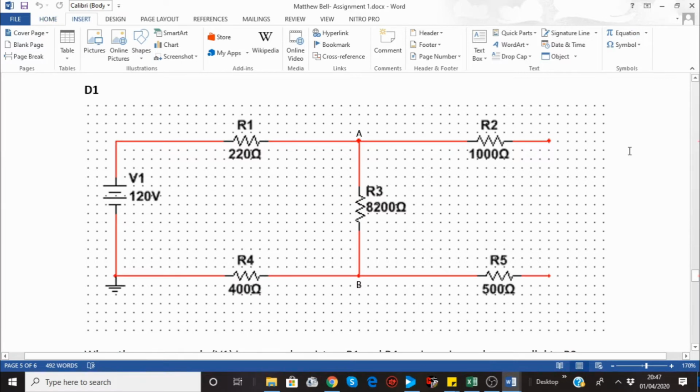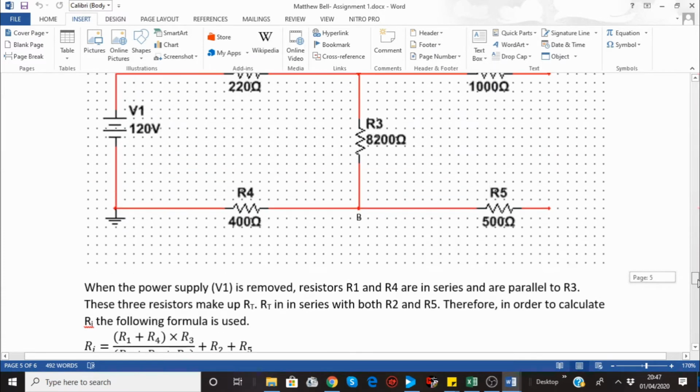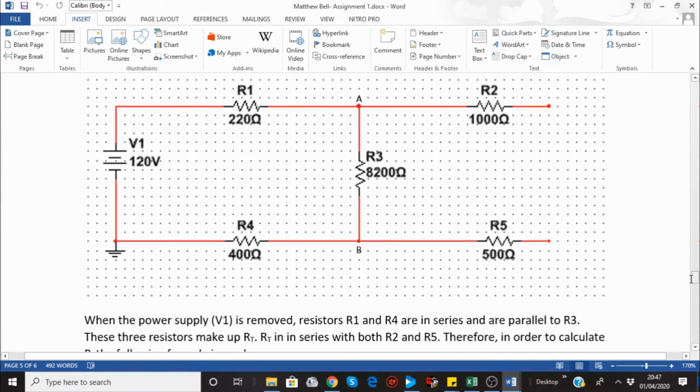However, this is the circuit that's given. Now we want to find the internal resistance of the circuit. So I'll remove the battery, and my circuit turns into basically these two resistors in series, and both of them in parallel with this one.